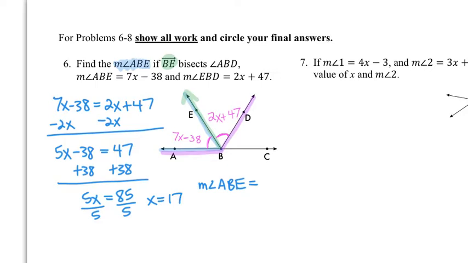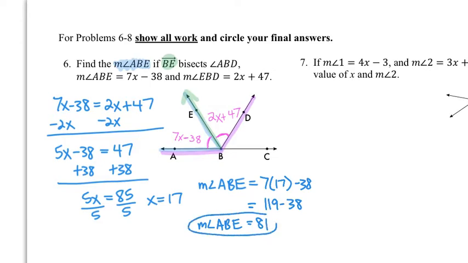So now we're going to plug in 7 times our x, which is 17, minus 38. 17 times 7 is 119, minus 38, and that will give us 81. So the measure of angle ABE is equal to 81.